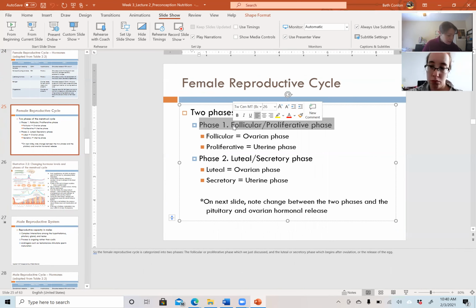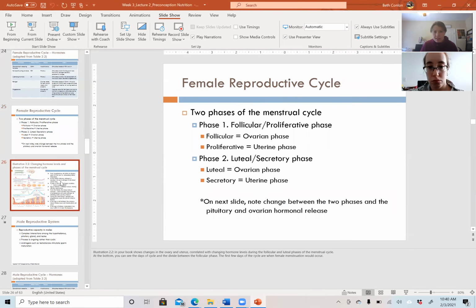The main concept for this is to know that there's a follicular phase, which is the beginning of the cycle, and then the luteal phase is the second half of the cycle.